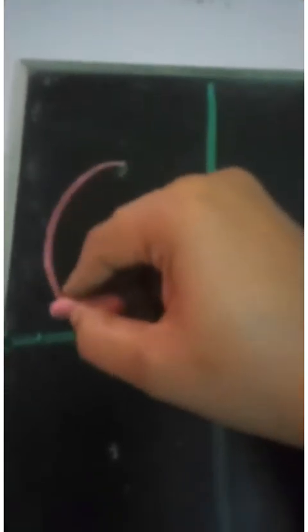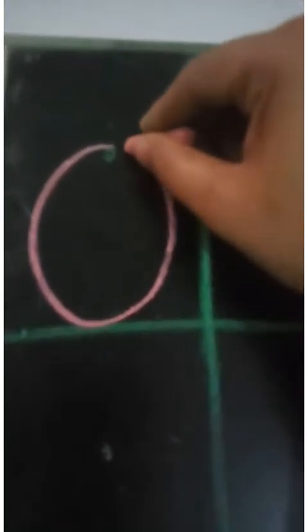Now we will write 0 on our blackboard. So make lines on the blackboard like this. Put your finger on the starting point. 0 is round and round.